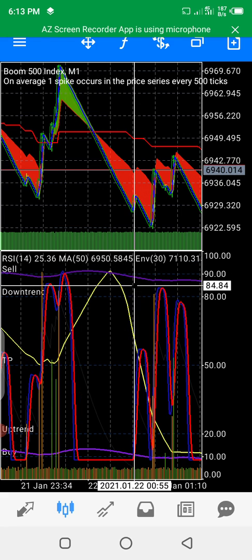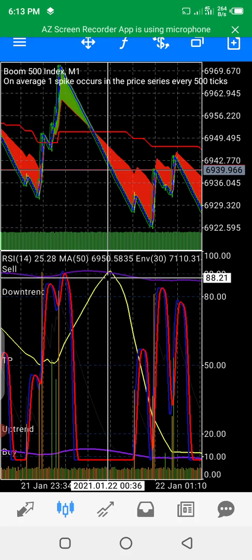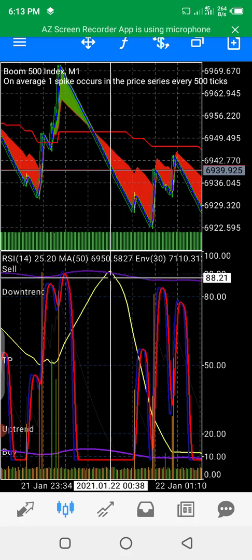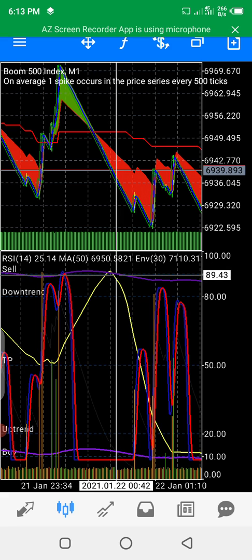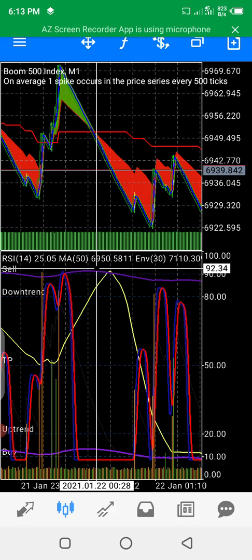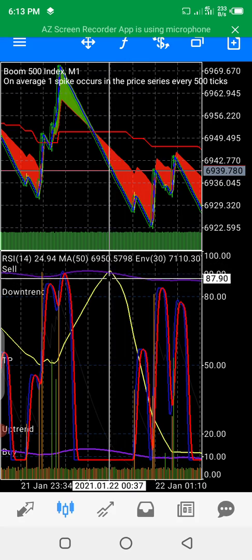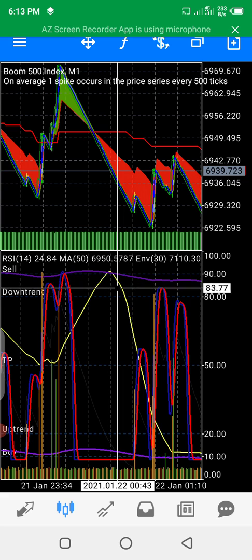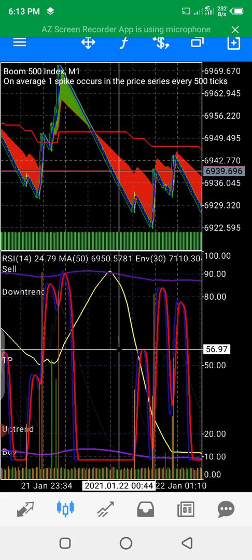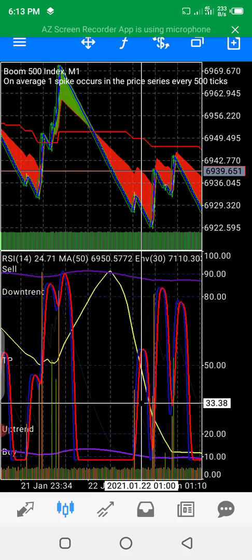So like what we can see here, it touched the upper envelope, then it started coming down. This is a downtrend.